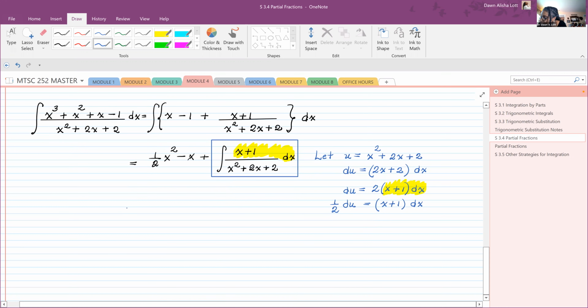So therefore we have the integral of x plus 1 divided by x squared plus 2x plus 2 dx is equal to the integral where the whole top is 1/2 du, and the denominator is just u. Wow, okay. This is 1/2 the integral of du over u, and we know that that is 1/2 of what?